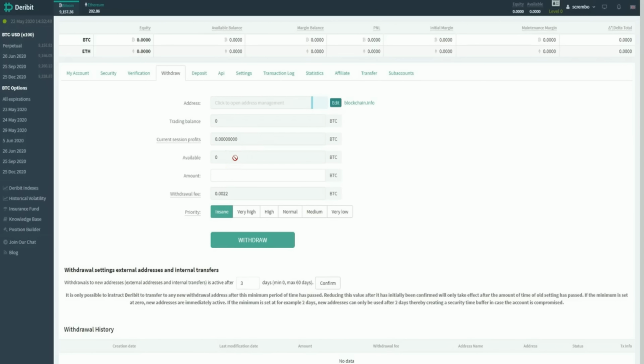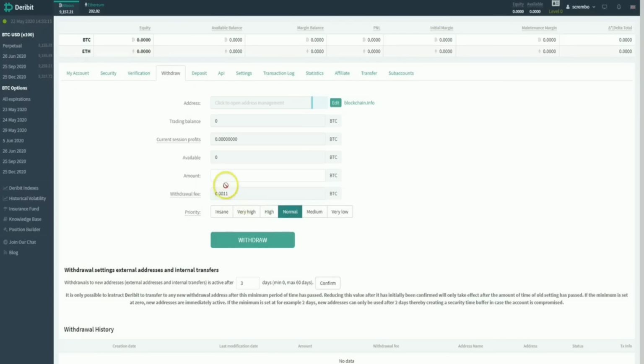After that you will be able to withdraw some amount of your profit. I don't have money right now, but I'm teaching you how to withdraw. I cannot show all the information, it's against YouTube's policy.